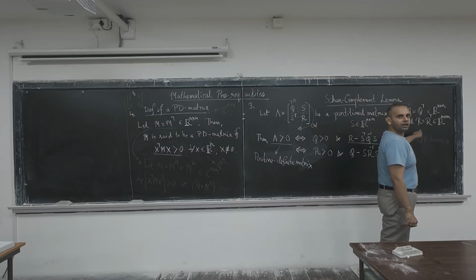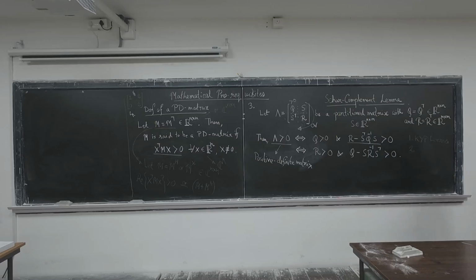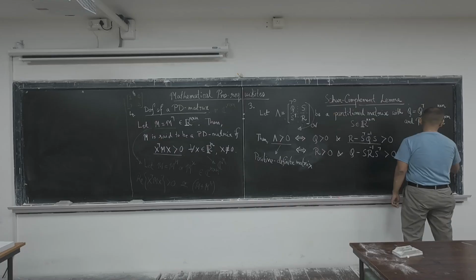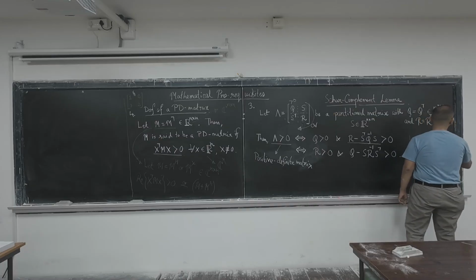KYP means Kalman, Yakubovich, Popov. They were big mathematicians. I think all of them were Russian. No, Kalman was British, Sir Rudolf Kalman. Yakubovich and Popov both were Russian. One is the KYP lemma, another one is the BR lemma, which means bounded real lemma.